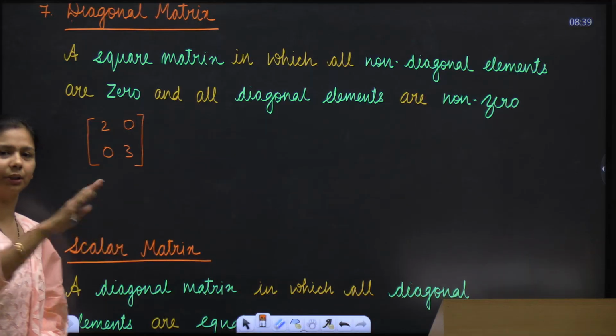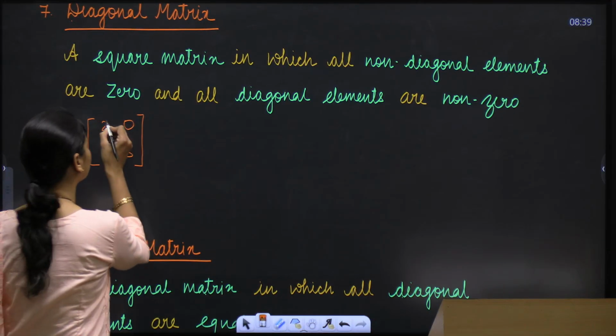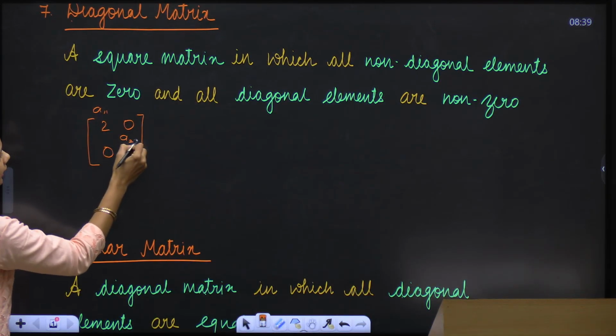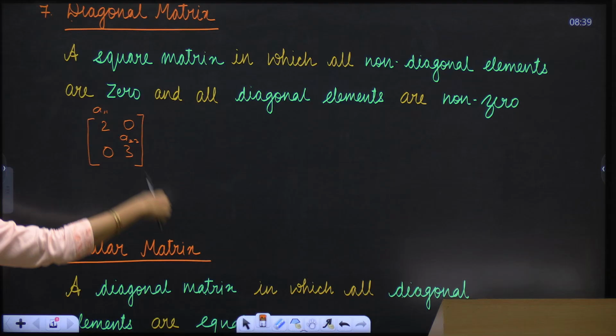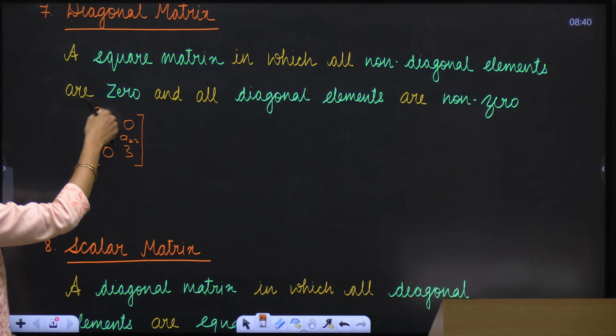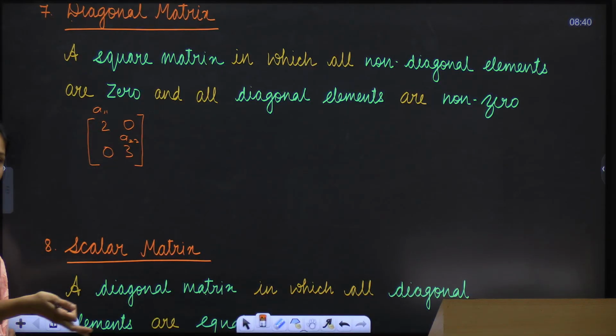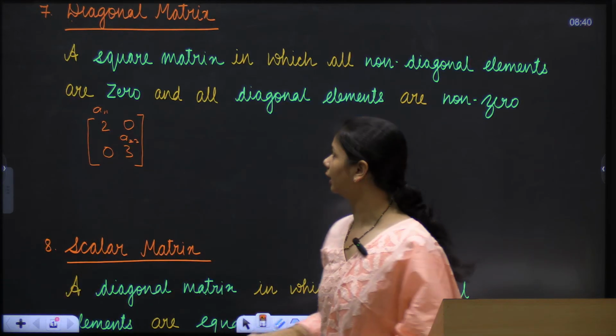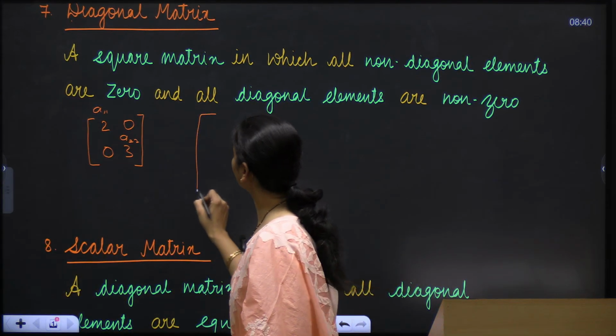Okay, don't reverse it. The diagonal elements are those which have the same i and j indices, and they will have values in this diagonal matrix.